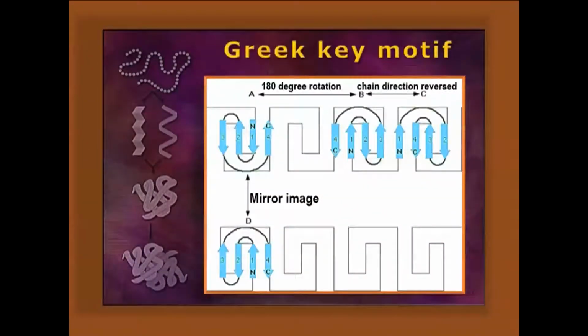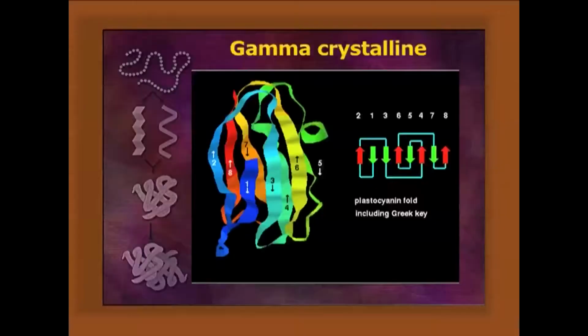Now, in the case of Greek key motif, 4 sequentially arranged alternate anti-parallel beta strands are joined by a large polypeptide chain. The first strand and fourth strand are joined by a long loop of polypeptide. In gamma crystallin, you can follow the presence of such a Greek key motif. It looks like a Greek key structure.